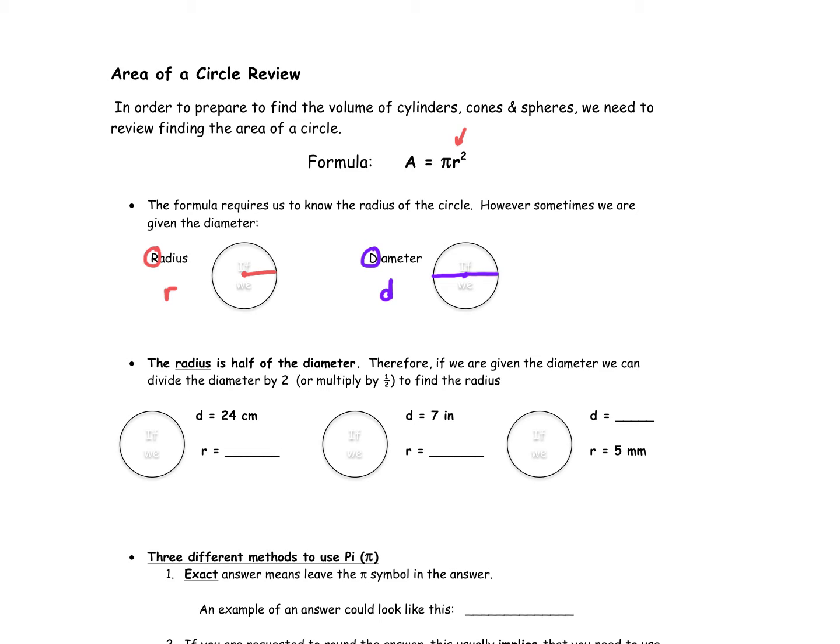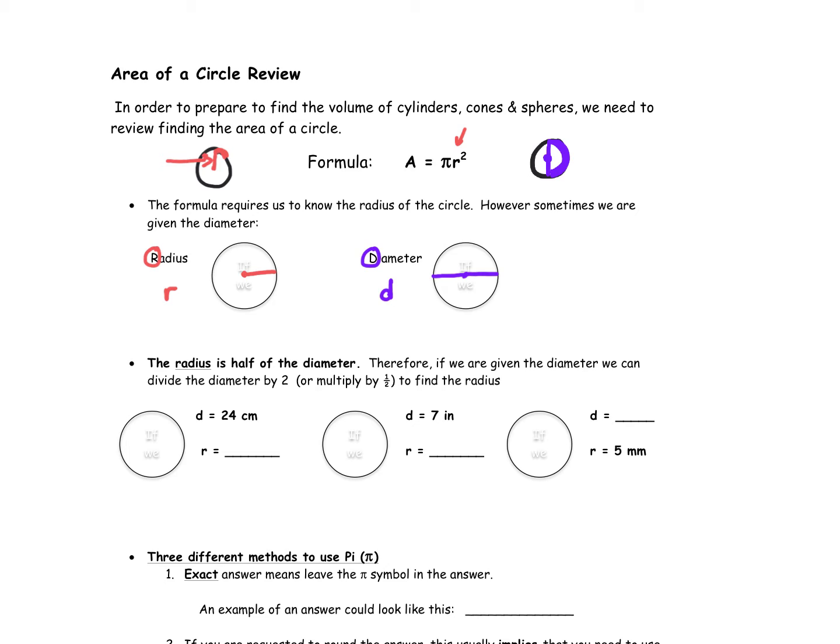And Mrs. Nord's trick, you might have talked about this in the past. If I draw a circle and I want to remember the difference between radius and the diameter, I would draw a radius and then make a little curve of this circle, and this looks like an R. Her next trick is to draw a circle again, and this time draw a diameter that is vertical, goes up and down through the center, and then darken in this whole side of the circle.